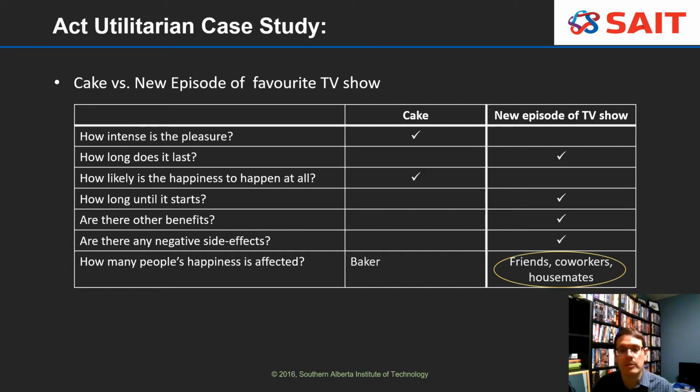If you look at these two groups, there are many more people who gain happiness from your watching the new episode of the TV show. Keep in mind, this isn't meant to be a very profound example, but just in general, there are more people affected if you share your enjoyment of the TV show than if you have your dessert.